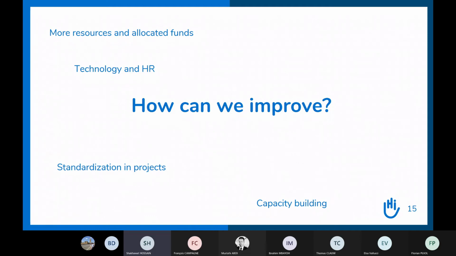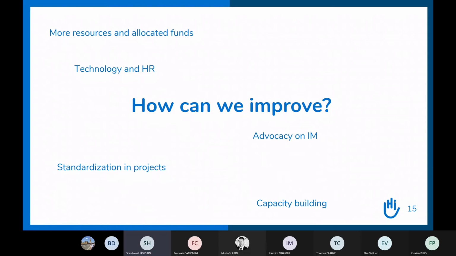Another important thing is advocacy for IM, for the use of data, not only within the MEAL department. The data we are using for information management is used for all our purposes, not only for MEAL. So we need advocacy that information management is important for program or project management.